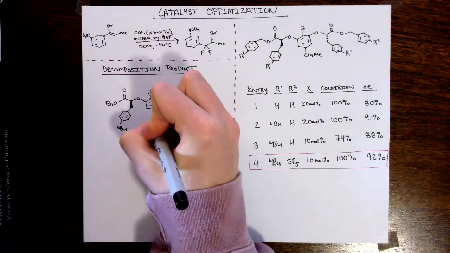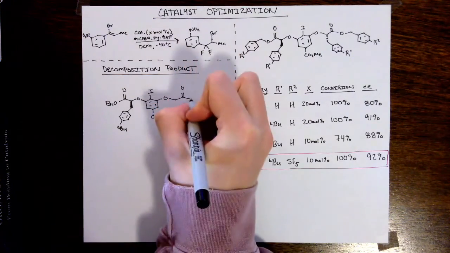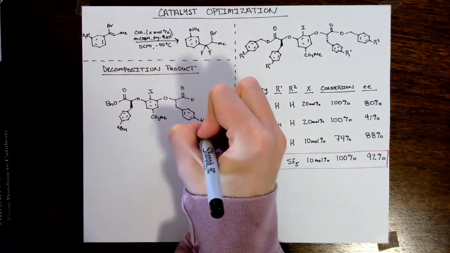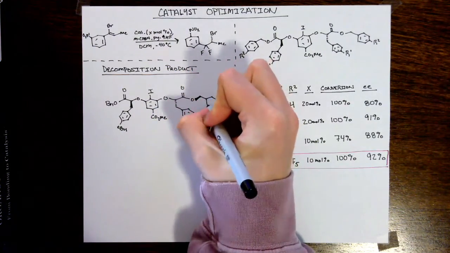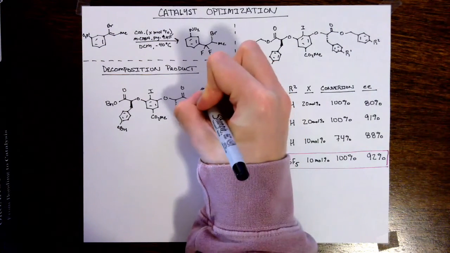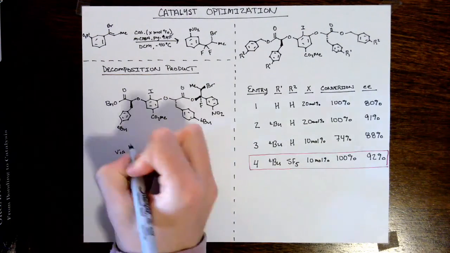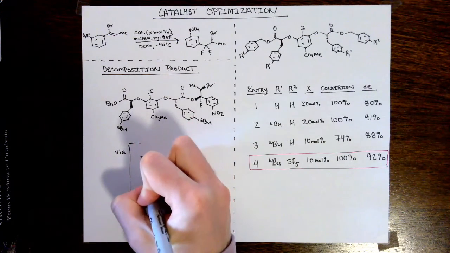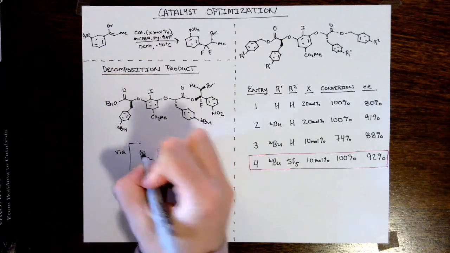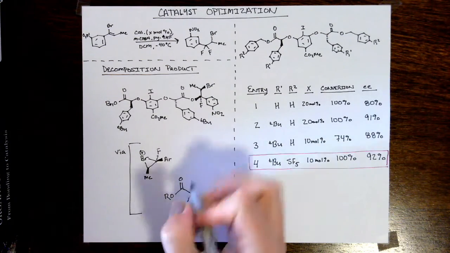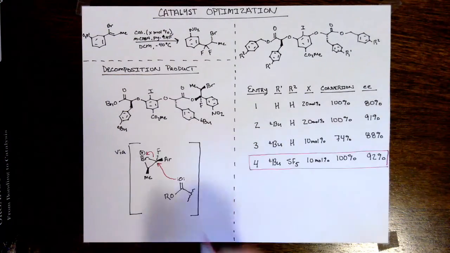So they isolated and tried to recover their catalyst, and they found that one of the benzyloxy groups was replaced by a monofluorinated derivative of their alpha-bromostyrene substrate. They hypothesized that this deactivation pathway of the catalyst might happen through accessing the bromonium ion, where the carbonyl of the ester can attack this intermediate and therefore form this deactivated catalyst.